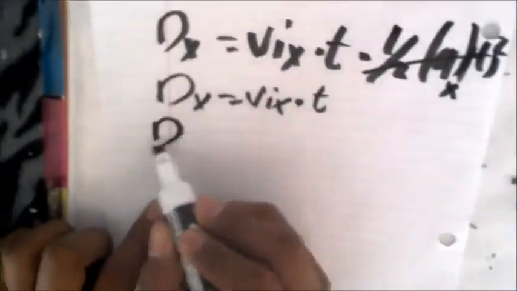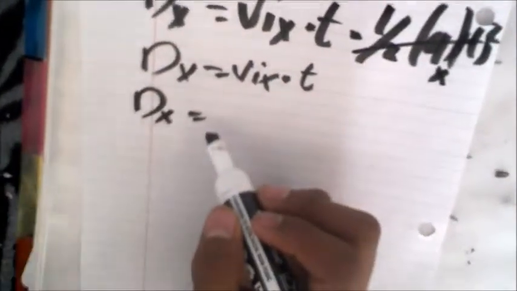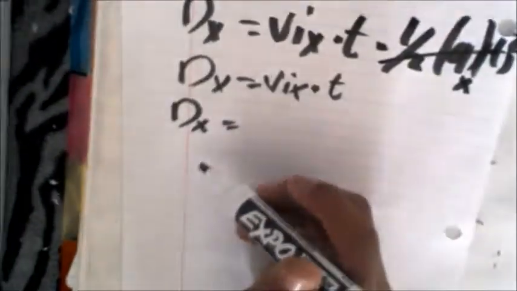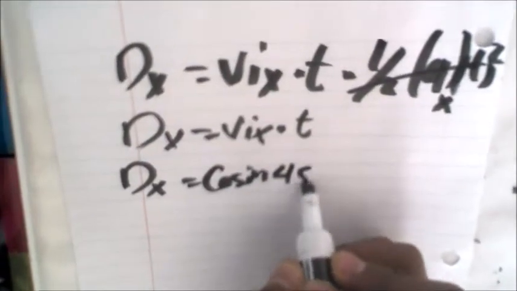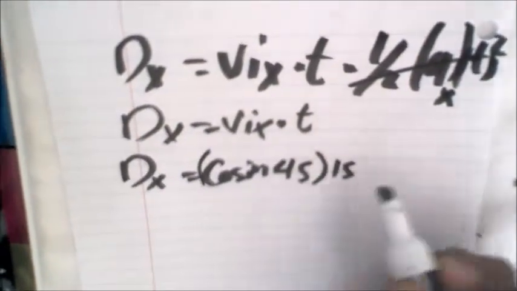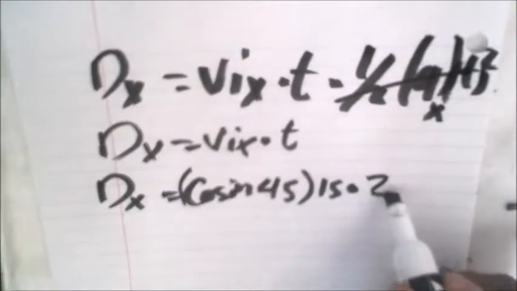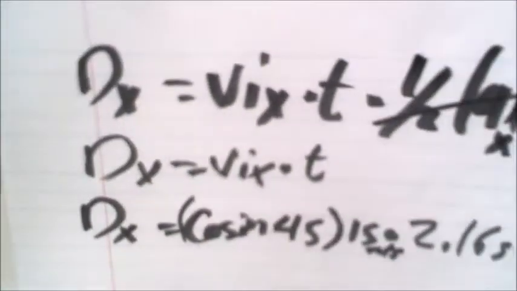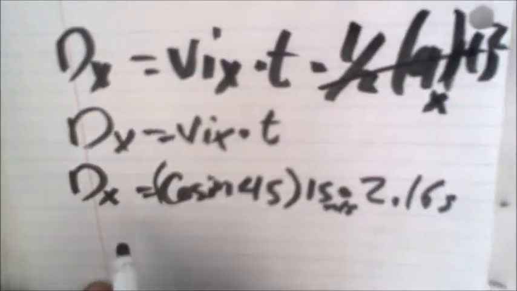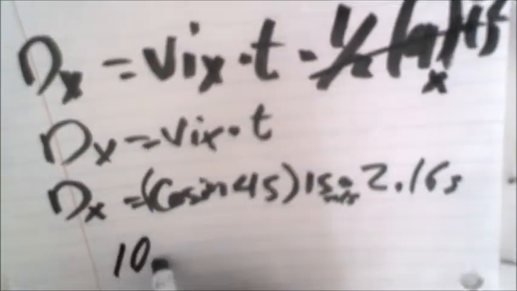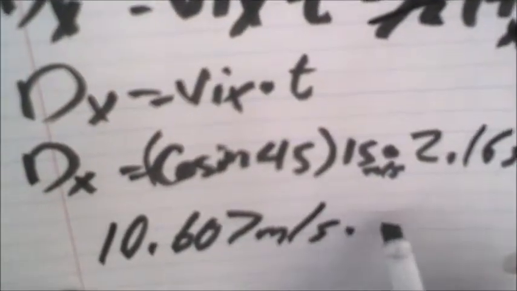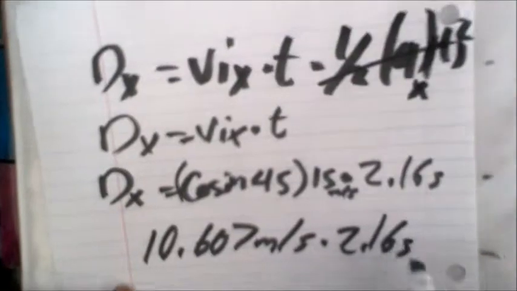So now we just plug in the numbers. We're gonna have v initial, which is cosine of 45 times 15, times 2.16 seconds. This is meters per second. So cosine of 45 times 15 is 10.607 meters per second, times time, which is 2.16 seconds.